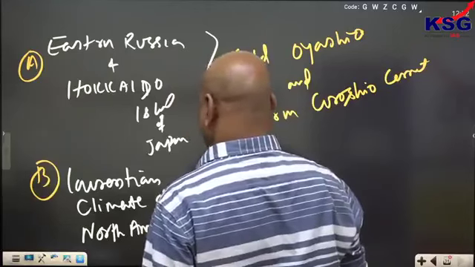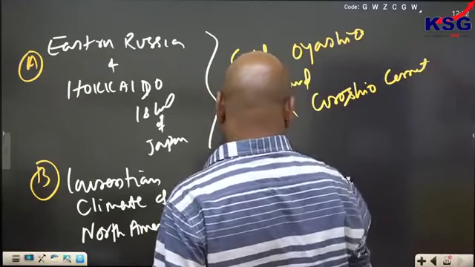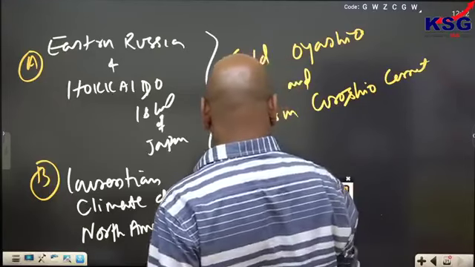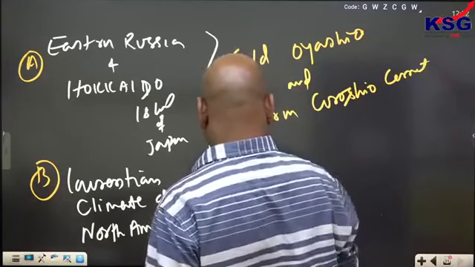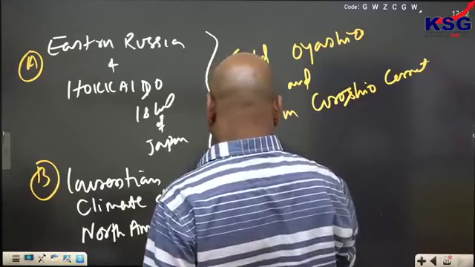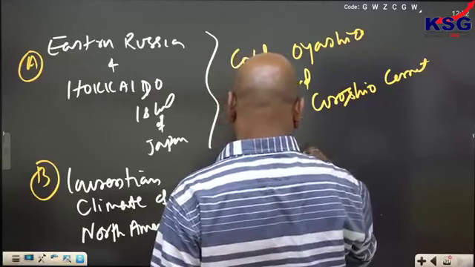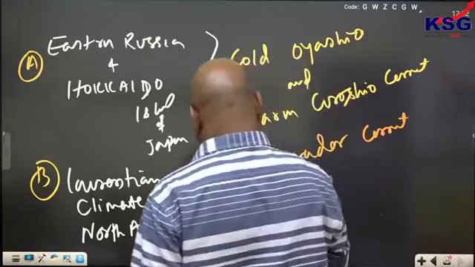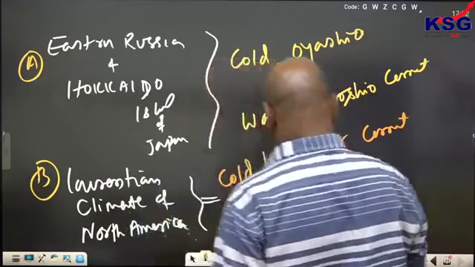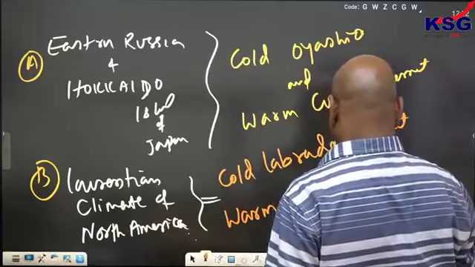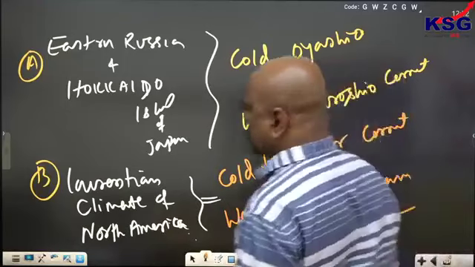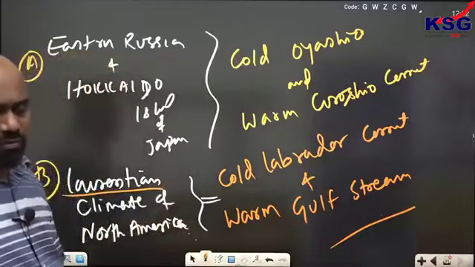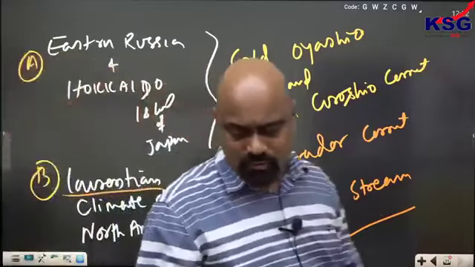Two currents here: cold Labrador current and warm Gulf Stream. Both are meeting in Laurentian climate of North America. Is it clear to you? I hope you got it now.